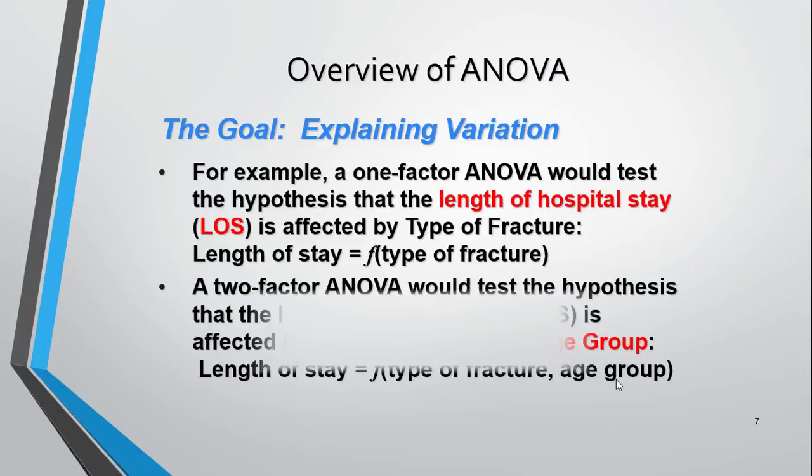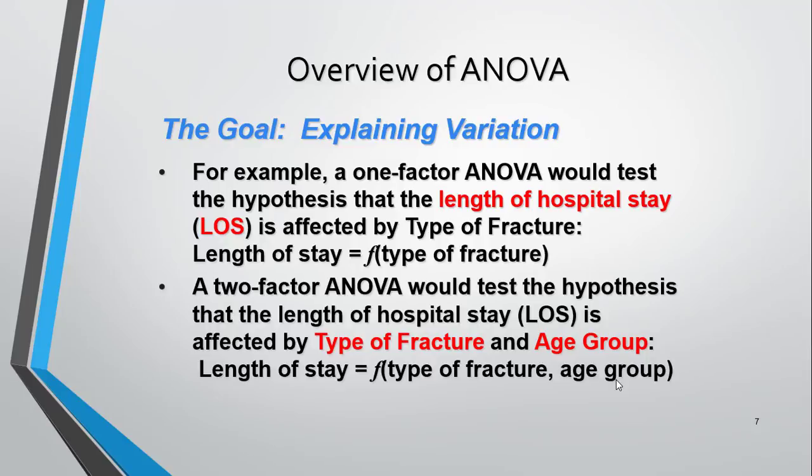For example, in one factor ANOVA, we test the hypothesis that the length of hospital stay, another example, is affected by the type of fracture. We know that if someone suffers a bone fracture and goes to a hospital, the doctor will check and tell him how long he has to stay in the hospital to get the fracture healed.